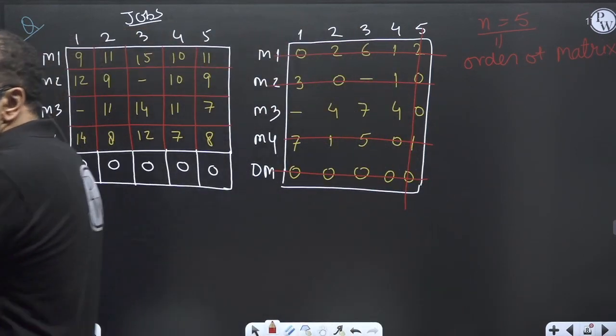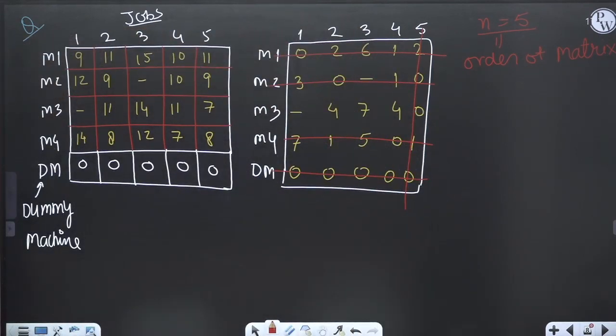The number of lines will be equal to 5 only.